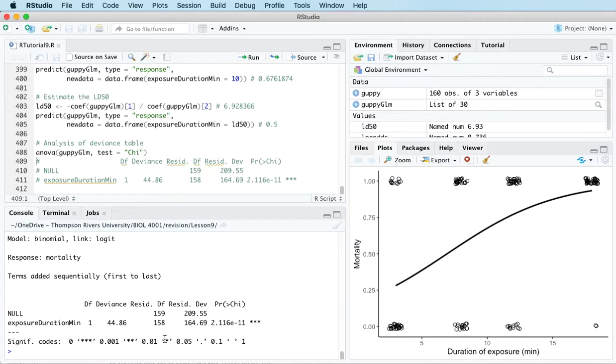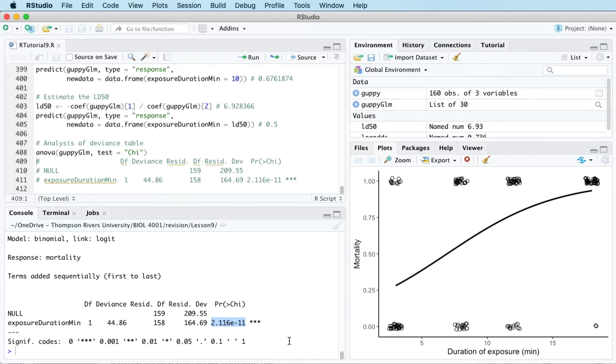Second step, find the test statistic. It's given by the deviance in this analysis of deviance table. Third step is to find the p-value for that test statistic. It's given here in this column of the table.